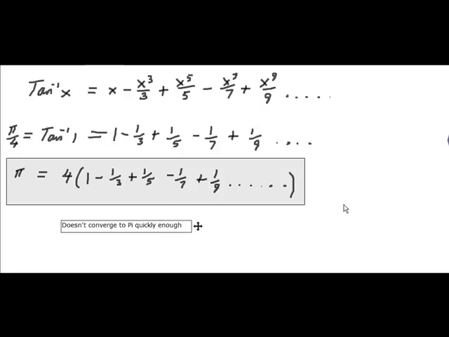What I mean by that is you could be adding on different terms forever, and you're getting towards pi very, very slowly. You get there eventually, but it's a very, very slow way of working out pi. But at least it's a starting point. It's one formula that we've got using the Maclaurin series, one formula for pi as a starting point.